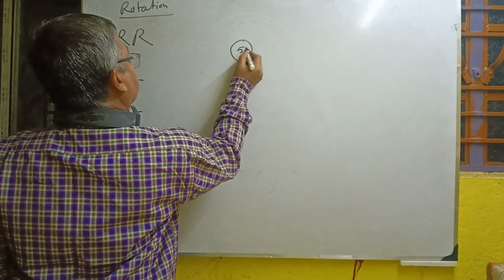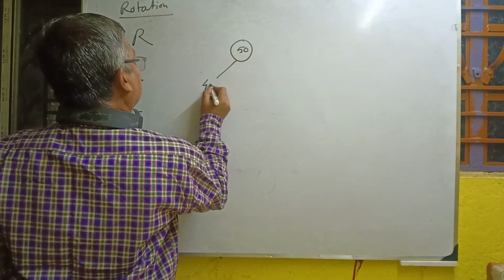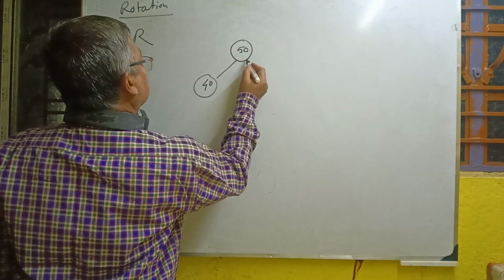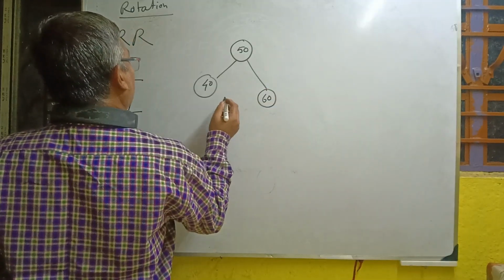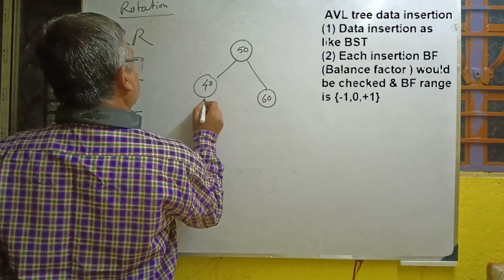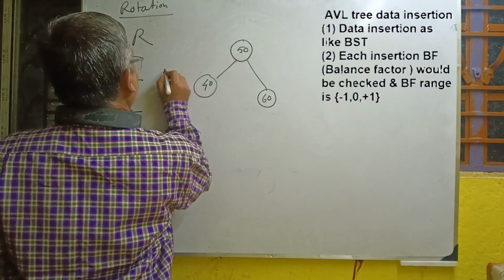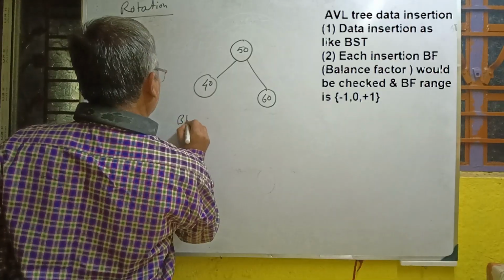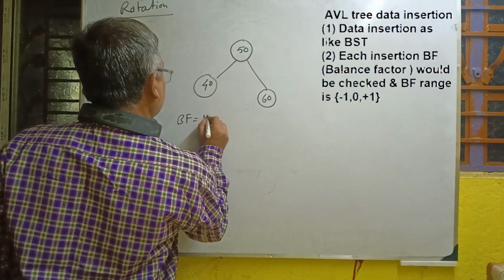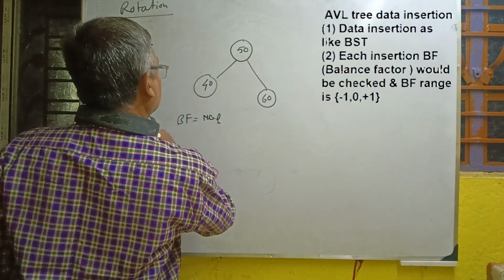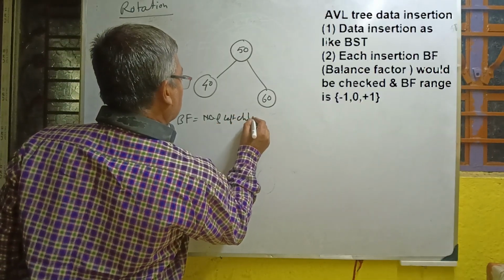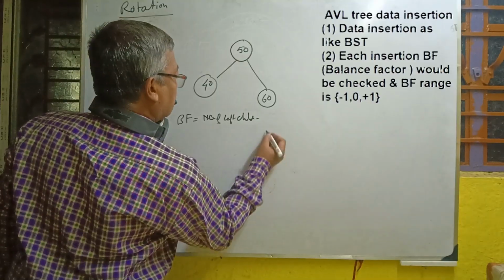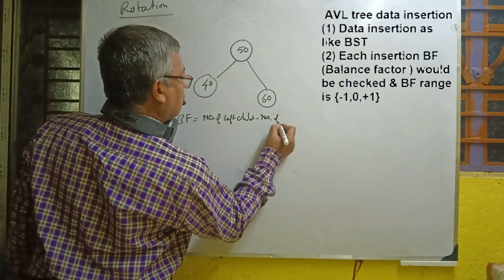Suppose this is a node 50. This is another node 40, and this is the right child of 50, suppose 60. So we have to calculate the balance factor. Balance factor BF equals the height of the left child minus the height of the right child.